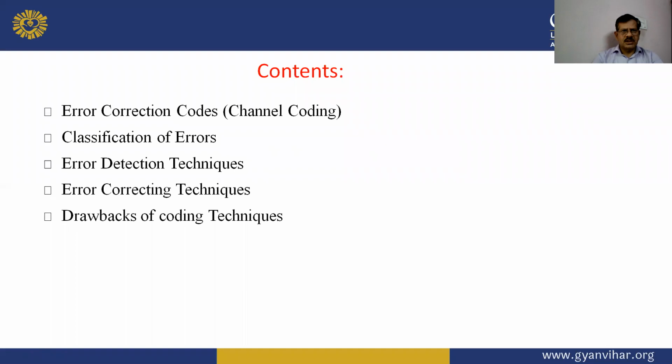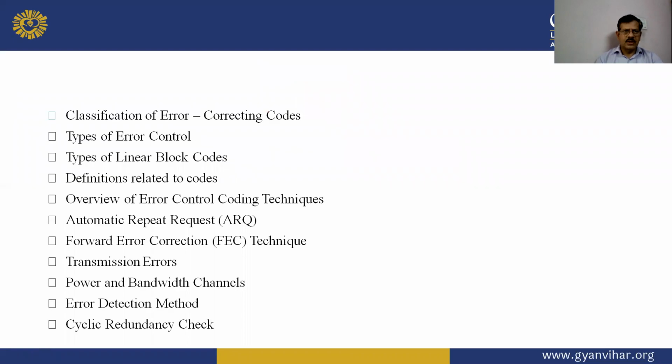First one is error correction codes, channel coding, and second one classification of error, and next error detection technique, error correcting technique, drawback of coding technique, classification of error correcting codes, type of error controls, type of linear block codes, and definition related to codes.